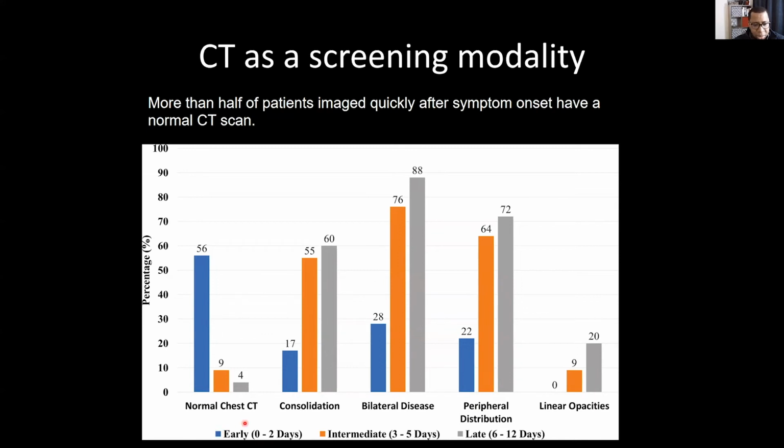And as symptoms progressed, you had more consolidation, right? And bilateral disease and peripheral distribution. And then as time went on, you had more linear opacities, which we're going to talk about a bit.